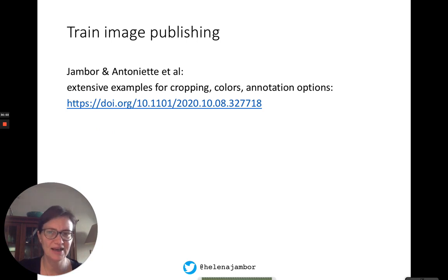So because of that, half of our paper is actually devoted to giving examples for how cropping, colors, and annotations can be done in a legible manner. And here's again the link to the paper on the bioRxiv, where we have a lot of resources and a lot of images that can be used for teaching how to make legible images for publications.